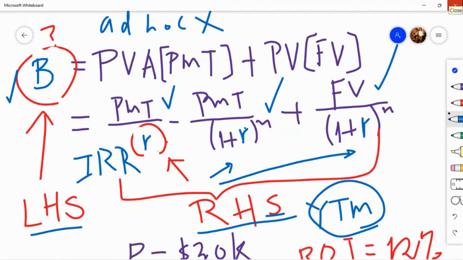So they close down the business. Then shareholders, who are the owners, what will they do to get their money back?